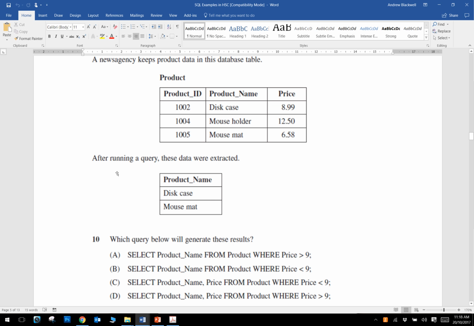But maybe they might say, after running a query, this data was extracted, this is the result, and ask what would be the SQL? Then you'd have to write select product name, price from product where.